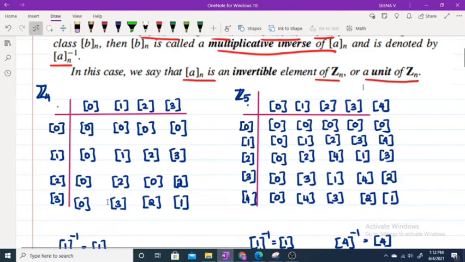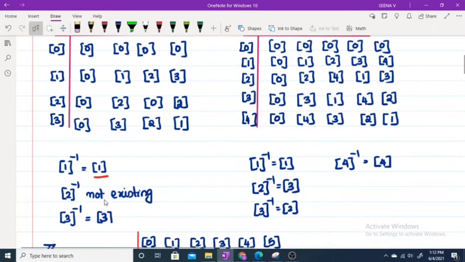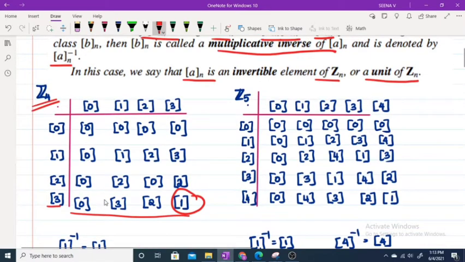We also discussed one problem with this set. We proved that 1 inverse is 1, 2 inverse does not exist, and 3 inverse is 3, because we are looking for the row containing 3 and where 1 comes, that is the inverse of this element. Here the inverse is 3.